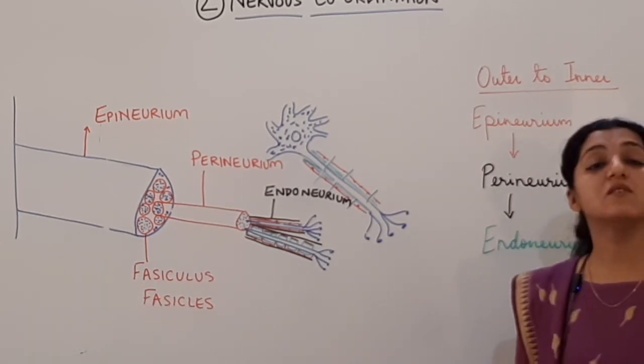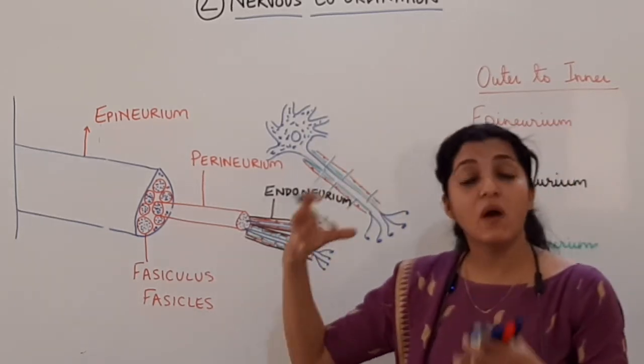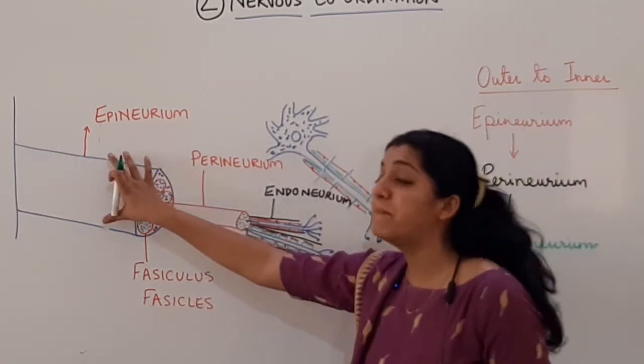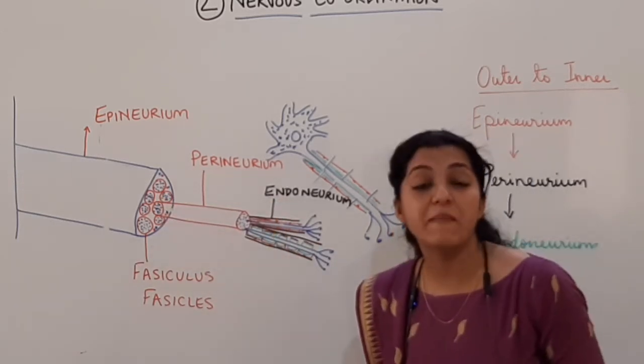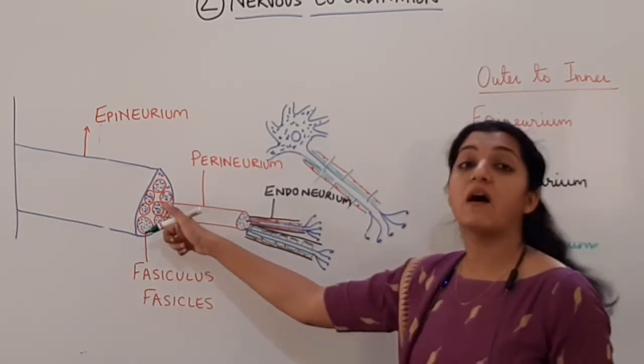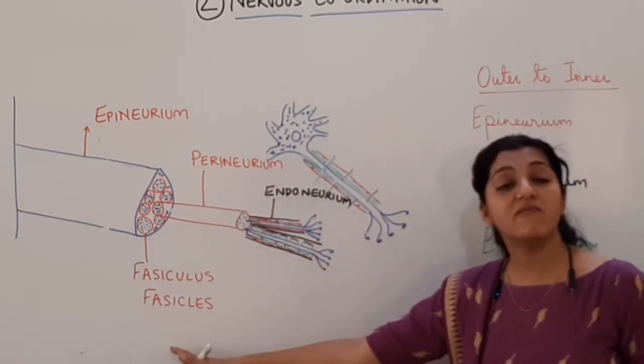For all your MCQs, you have to remember epineurium is the connective tissue covering, is the coating for the complete nerve, which is going to have bundles of nerve fibers. These bundles are going to have a covering which is perineurium. These bundles are called fascicles.